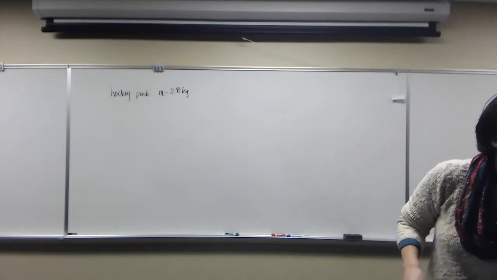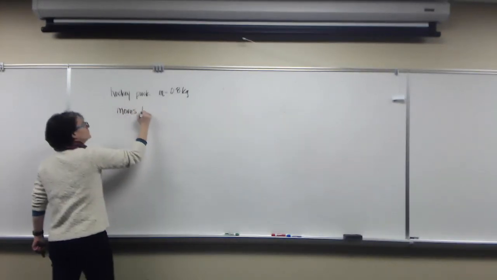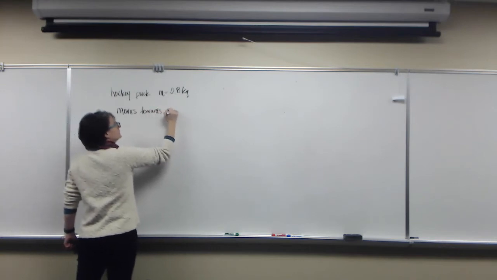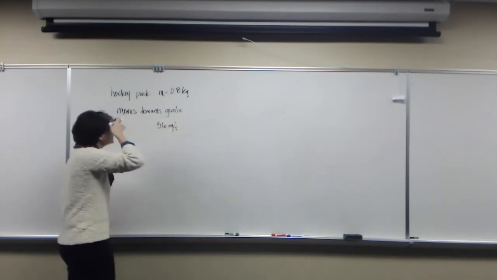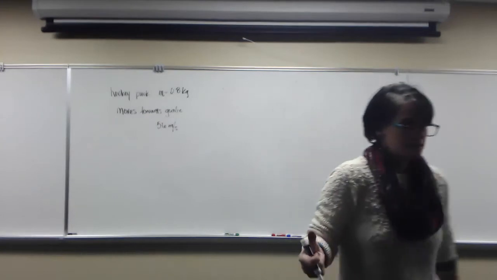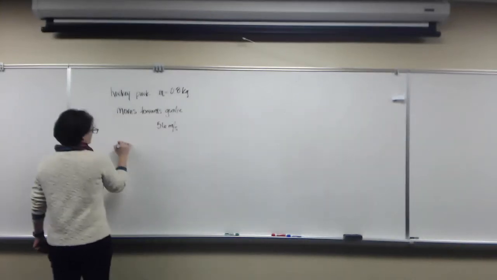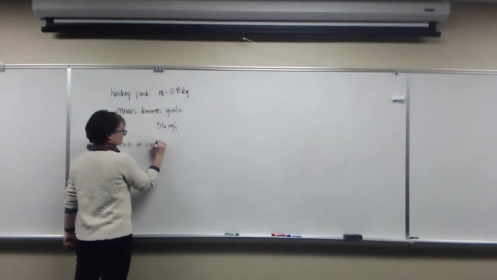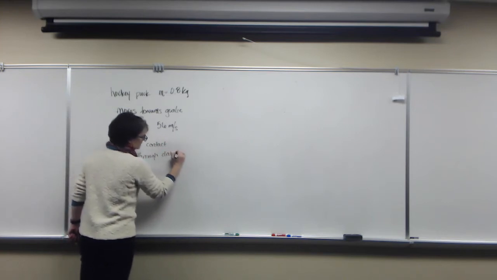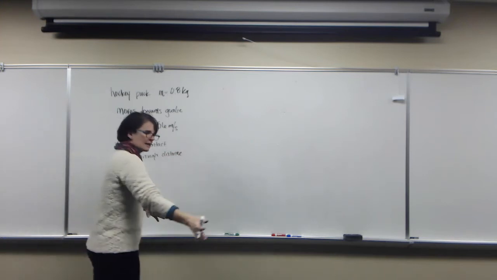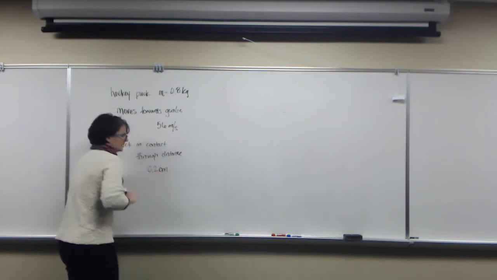and I'm again cheating, and the puck is going to move off towards the goalie at 56 meters per second, and the stick is in contact with the puck through a distance because it's moving along the ice, all in contact, let's say 20 centimeters, so 0.2 meters.